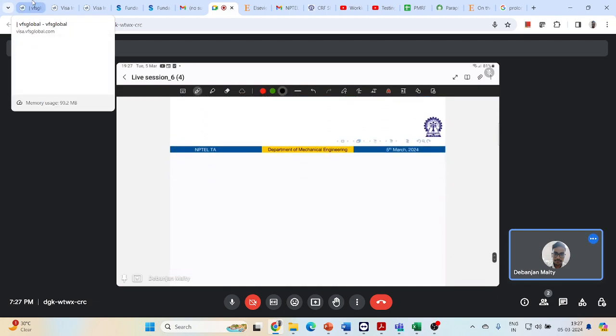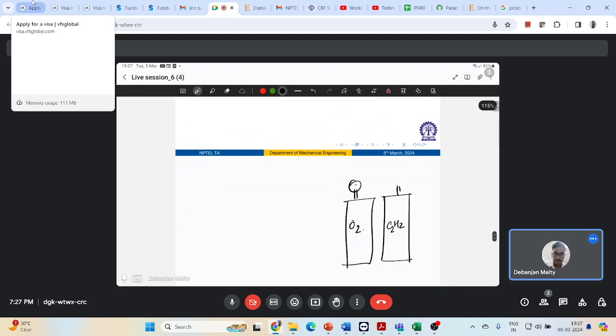So let me draw. You'll have a cylinder. I'm having a cylinder of acetylene. I'm having a cylinder of oxygen. Then I will have a pressure regulator like this, and another pressure regulator like this. From here there will be flow of oxygen gas.